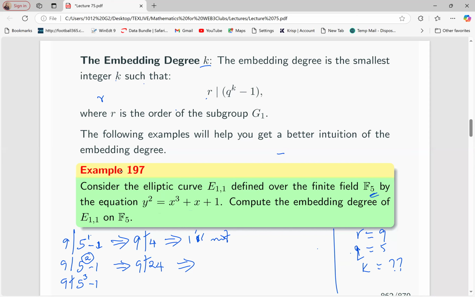Then let me try 4. Of course, you are trying mod 5, so the numbers you are trying are 1, 2, 3, all the way to 4. 4 is the last one. Then minus 1, let me see. 5 raised to 4 is 625. Subtract 1 from it, you have 624. Can 9 divide that? 9 cannot divide that.